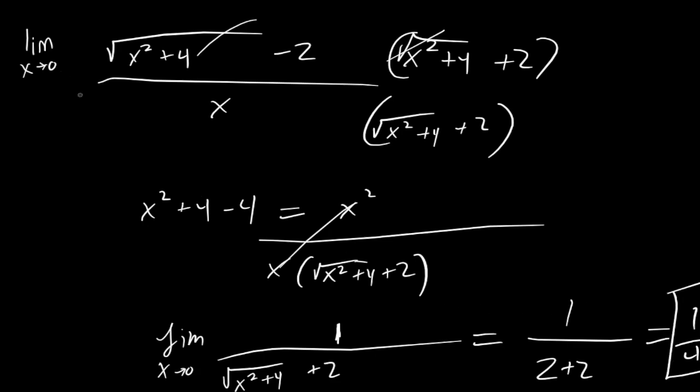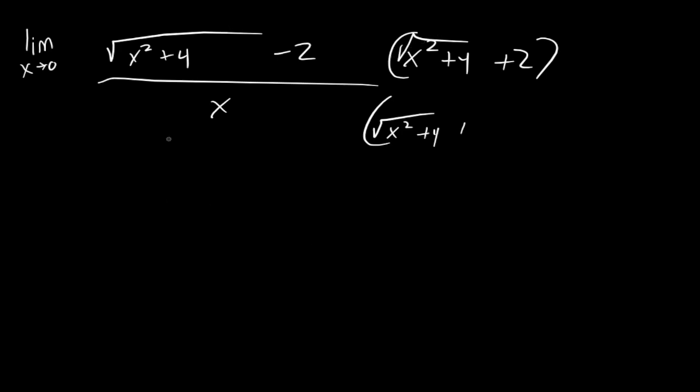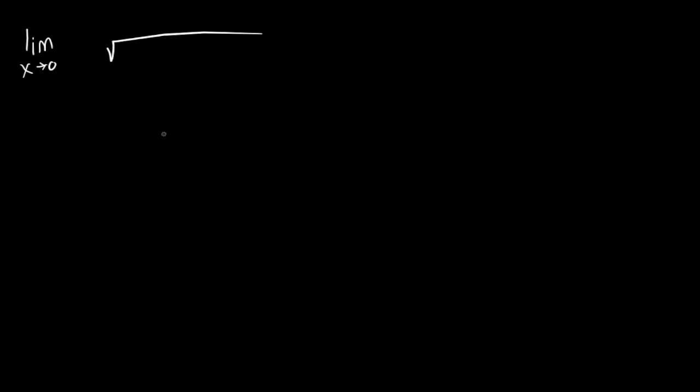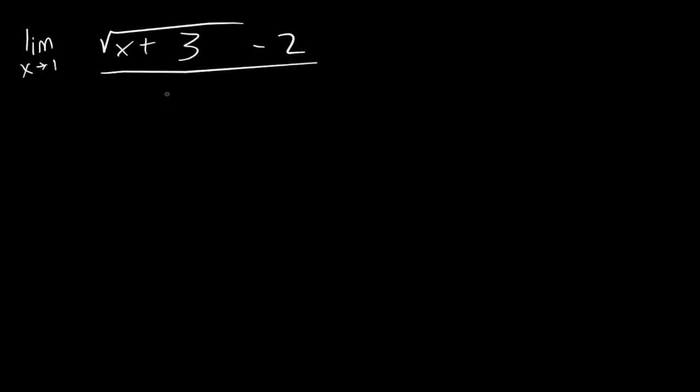So when you see problems like this, basically you just want to get the conjugate, and no matter what the bottom is. We did examples where the bottom is x, let's try another one actually, because I don't want to just put x at the bottom. You gotta make it a little bit more difficult. Let's do the limit as x approaches 1 this time, and we're getting the square root of x plus 3, minus 2, over x minus 1.